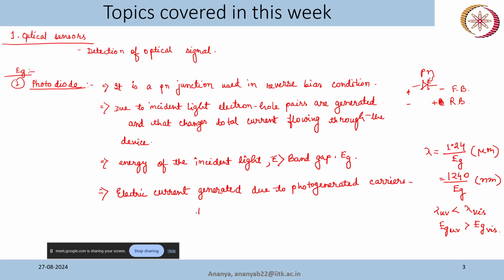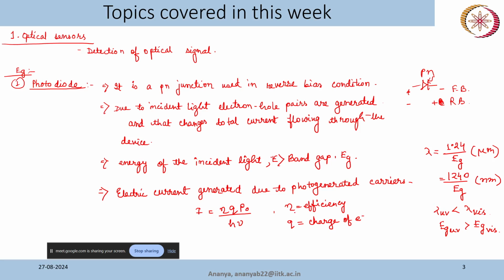The expression is I equal to eta q P naught by h nu. What are these terms? Eta is the efficiency of our diode. Q is the charge of electron, which is 1.6 into 10 to the power minus 19 coulomb.